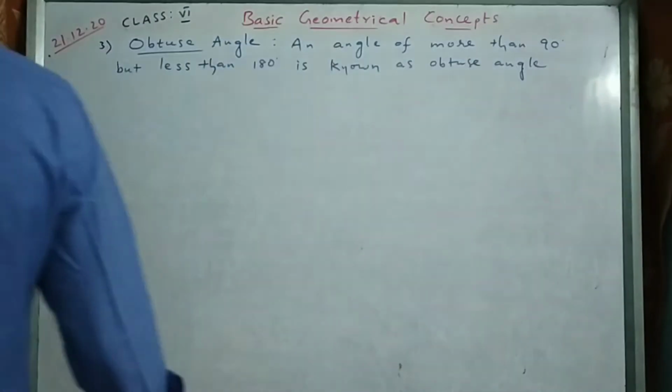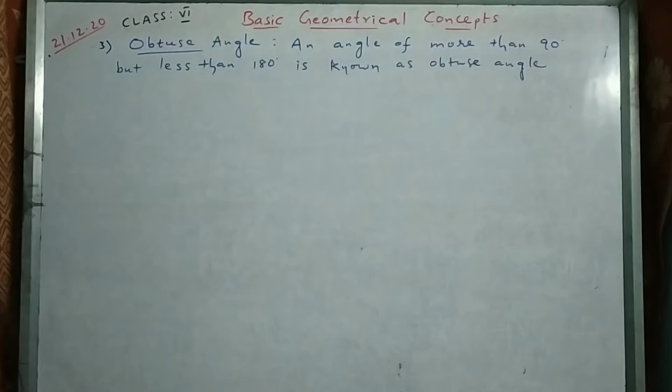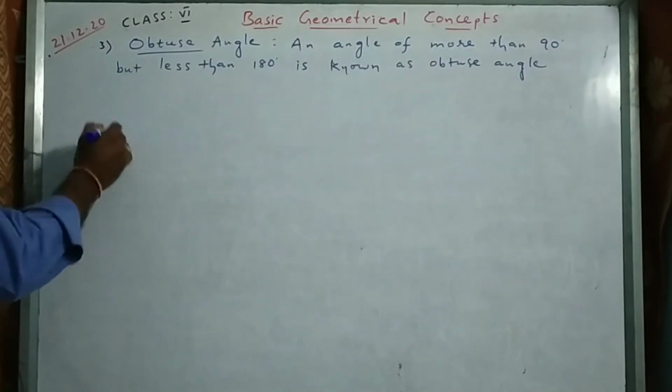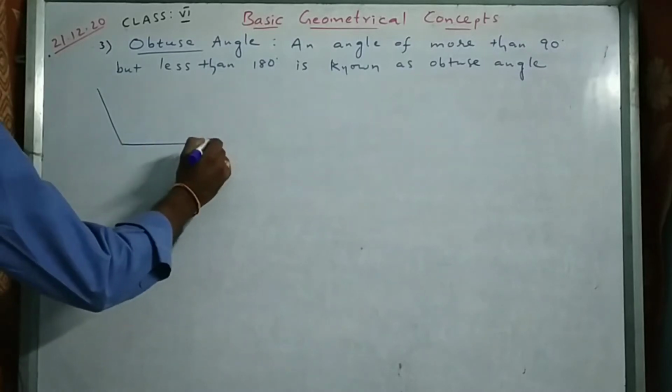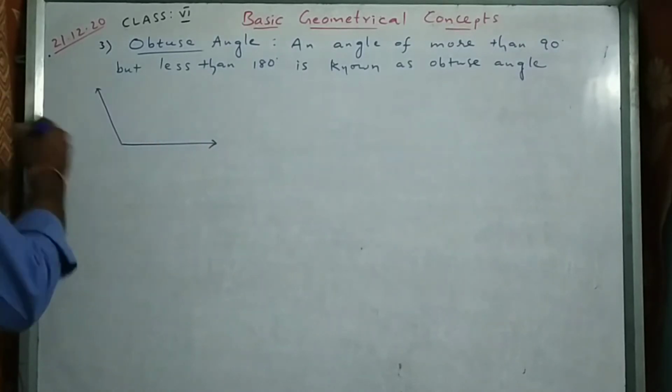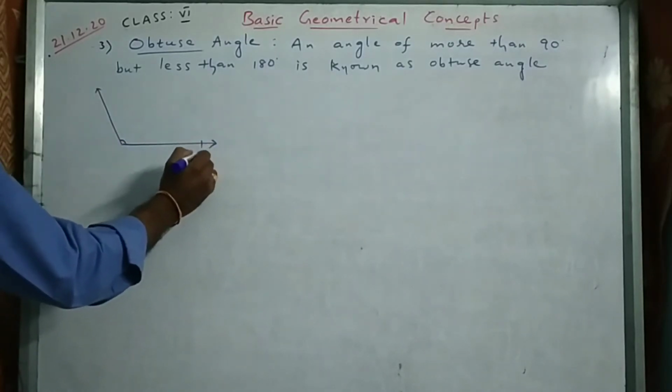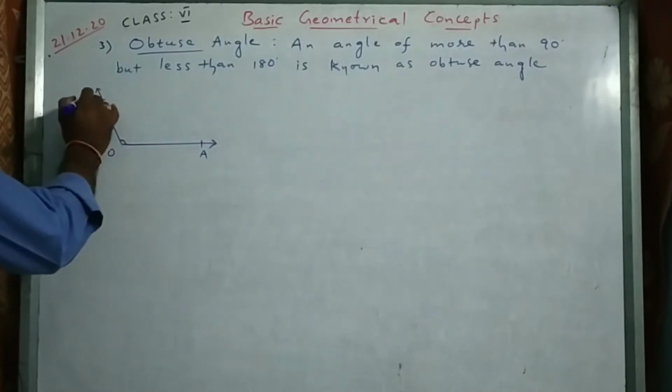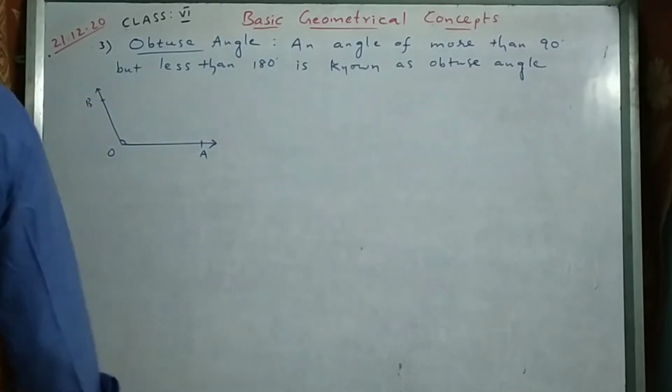Obtuse angle means above 90 but below 180. Like this it will be. It is 90 now, exactly straight, so a little bending this side. AOB. This is called an obtuse angle.